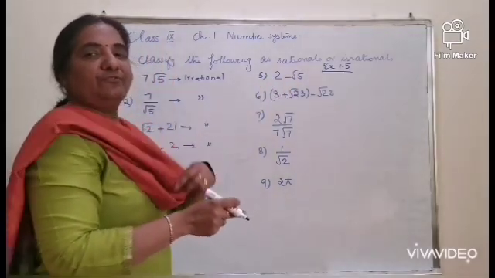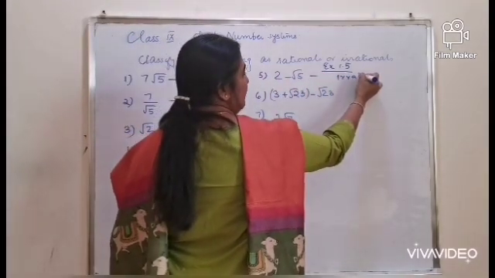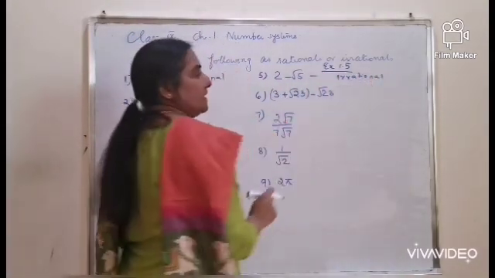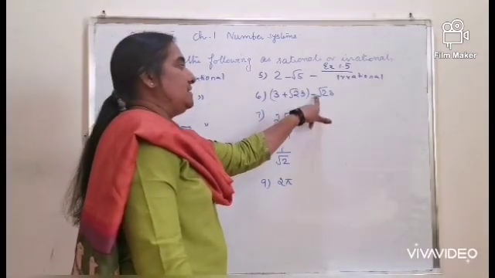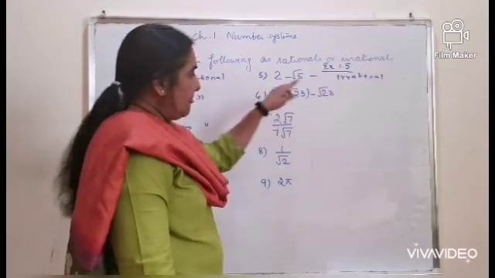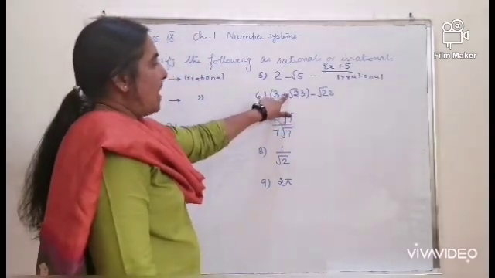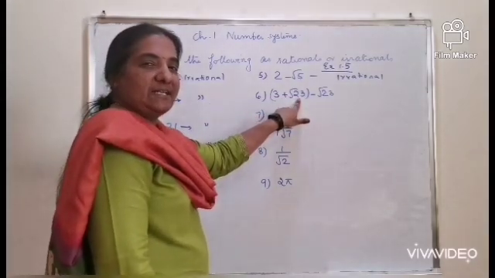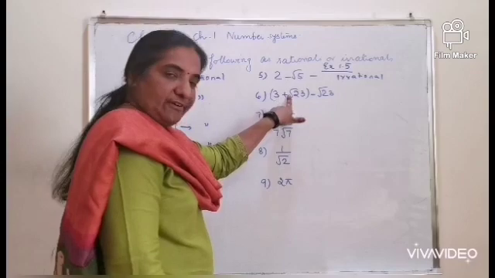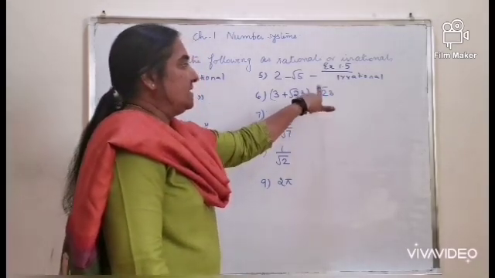2 minus root 5, the answer is irrational. 3 plus root 23 minus root 23. This root 23 has 1 as the rational factor, and root 23 is the irrational factor.